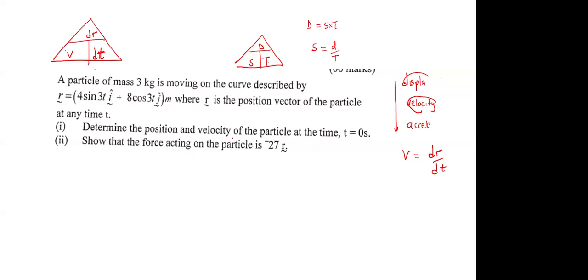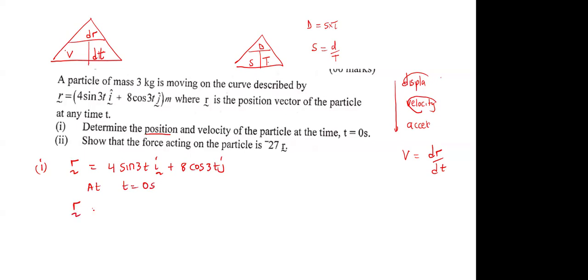Now we go to the first part. They want us to determine the position when time t is equal to 0. So I first get the position, r, which is given by 4 sine 3t i plus 8 cos 3t j. At t equals 0 seconds, you substitute.